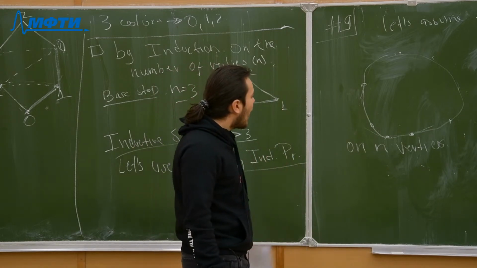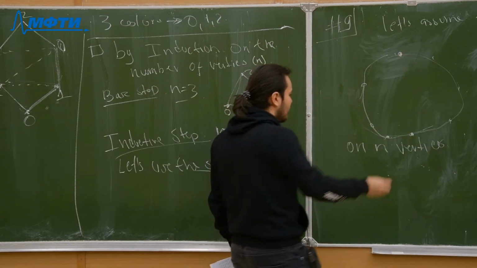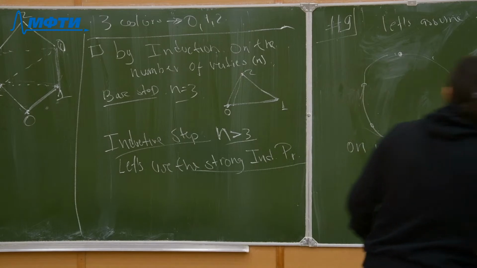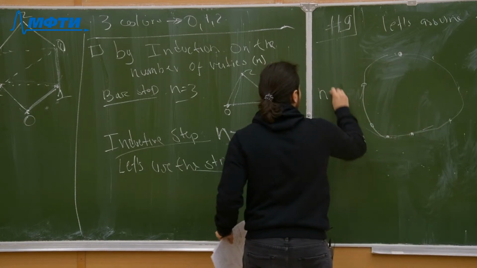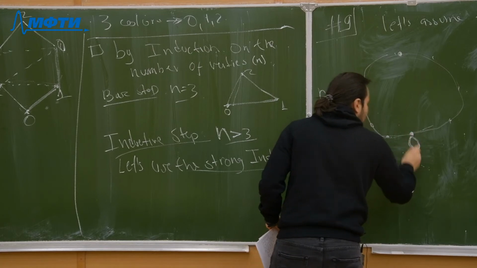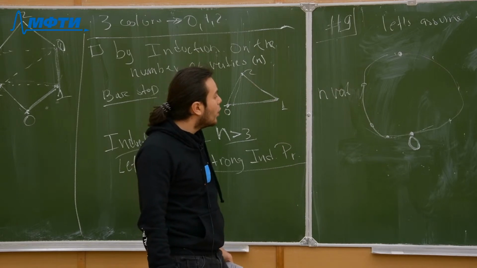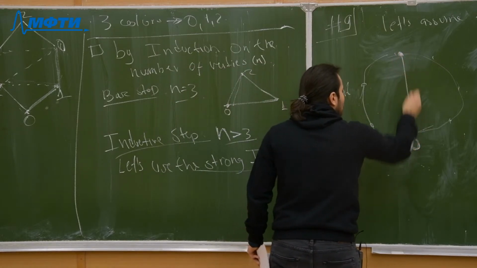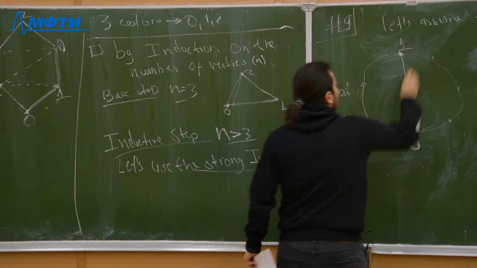So what I want to do is, if I have here, for example, this vertex x colored with color 0, I want to draw a line here to join this vertex with a vertex colored with a different color, let's say with 1.